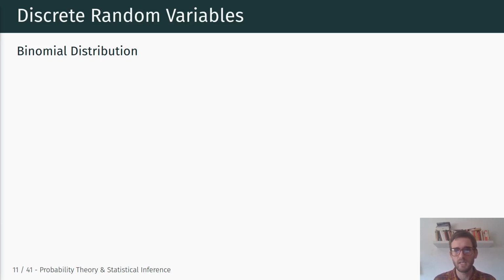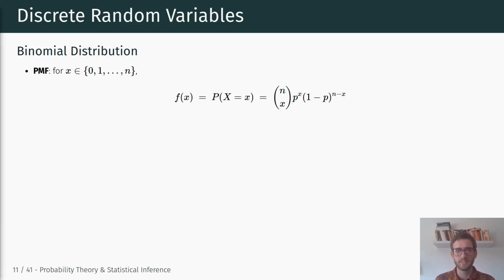So how can we specify the probability mass function? Remember, it's a probability mass function because this is a discrete random variable.